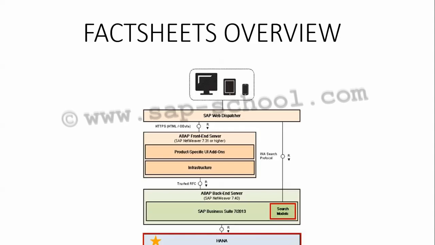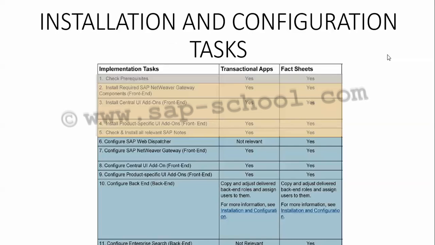Now these are the installation and the configuration tasks which we need to do for the transactional apps and the fact sheets. So the first 5 tasks are the installation tasks, which we will not be covering in this session, and they will be covered in the installation session after this configuration session. So the implementation tasks include checking prerequisites.